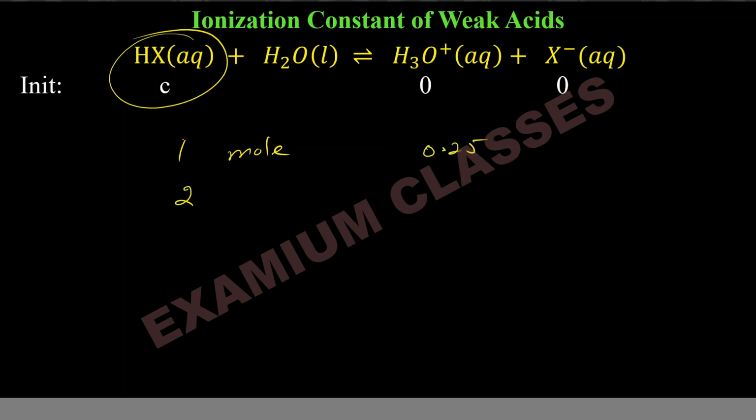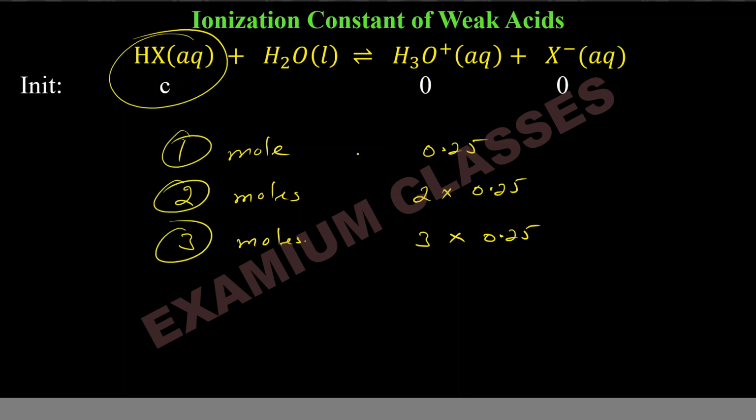Then if I have 2 moles, then 2 into 1/4 part will get dissociated. If I have 3 moles of this weak acid, 3 times 1/4 part will get dissociated. Okay. So what we are doing actually, we are multiplying this 1, 2, 3 by the dissociated part.